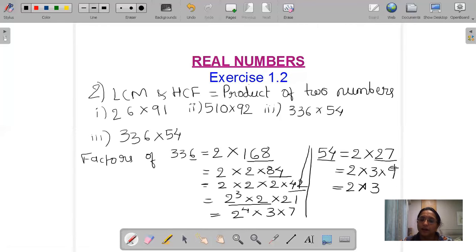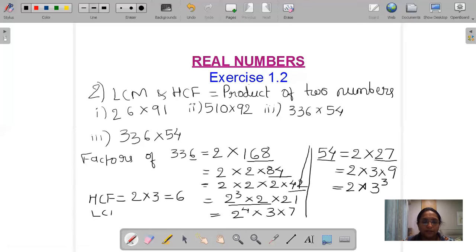So 3 raised to 1 and 3 square, that is 3 raised to 3. Now we'll write the HCF. HCF is equal to the common factors. So here 2 is common and one 3 is common. That is equal to 6.